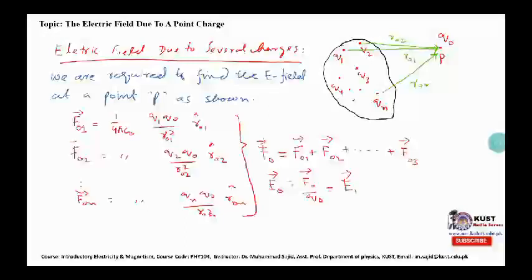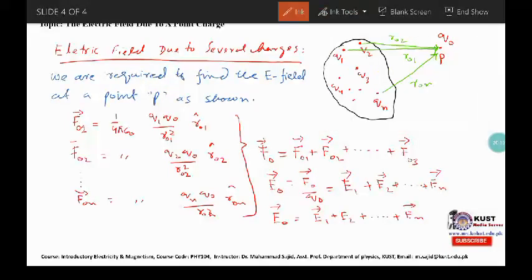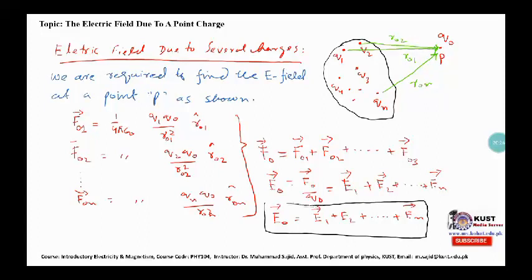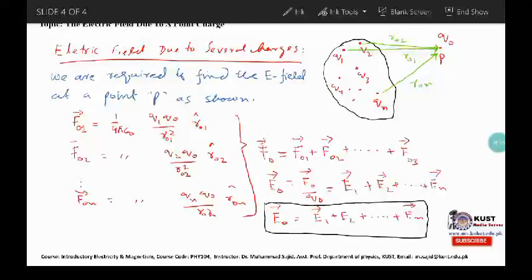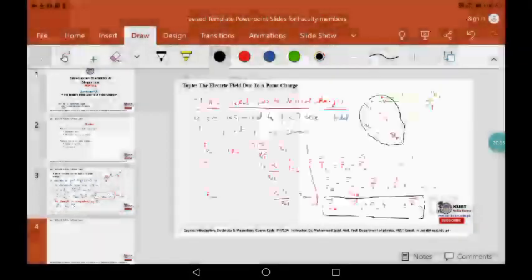E1 plus E2 and En. If you are wondering what E1 is, then E1 is actually F01 divided by Q0. So this is E0, E1 plus E2 plus En, and yes, this relation shows that the electric field also obeys the superposition principle.